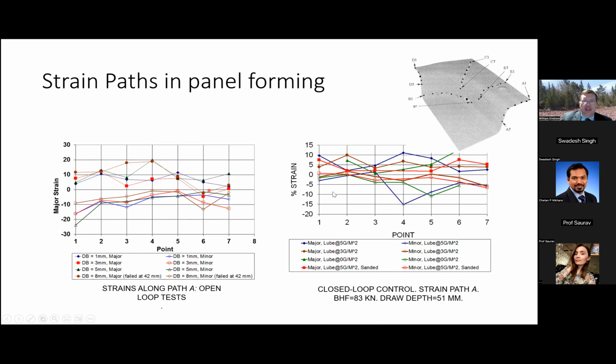When we implement closed loop control, especially of the draw bead, you can see that, yes, the strains look somewhat chaotic here, but also it becomes difficult to pick these exact locations on the tooling, and so there's going to be some variations here.